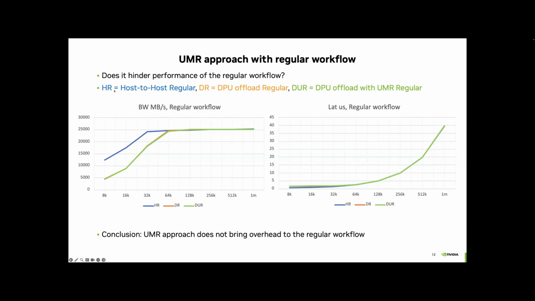The first one is host to host with regular workflow. The orange one is GPU offloading with regular workflow. And the last one, the green one, is GPU offloading with UMR optimization. And basically what we can see is that the UMR approach does not bring any overhead to the regular workflow. This is rather expected behavior.